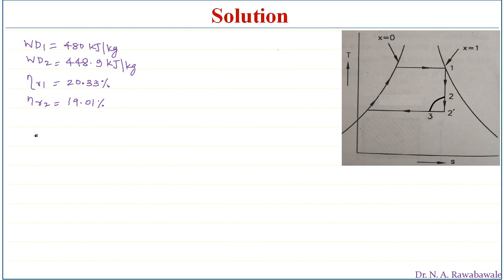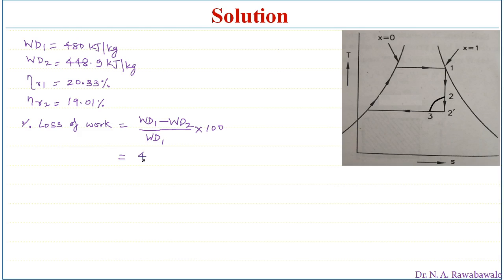The percentage loss of work can be obtained by work done 1 minus work done 2 divided by work done 1. Generally, loss means the work which is reduced from 1 to 2, so it is compared with respect to work done 1.